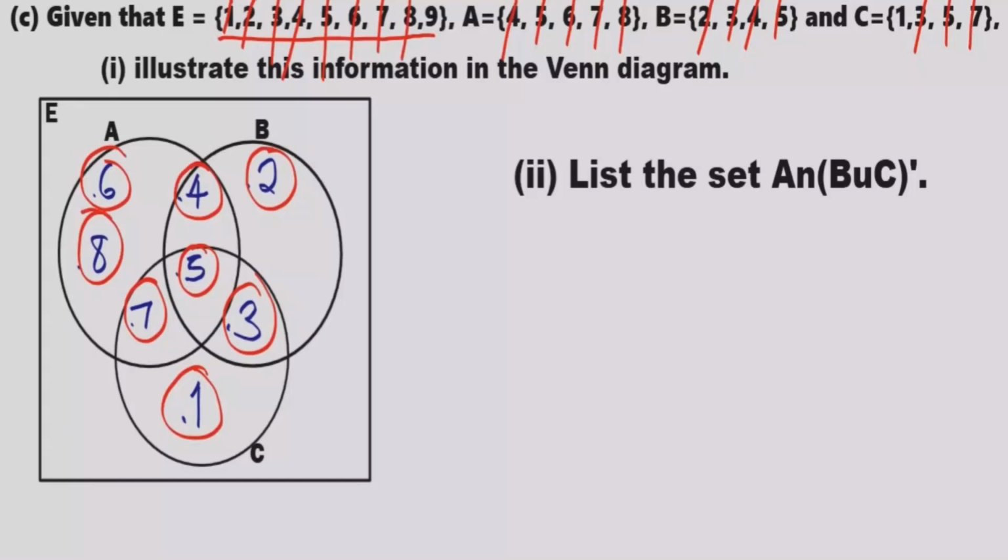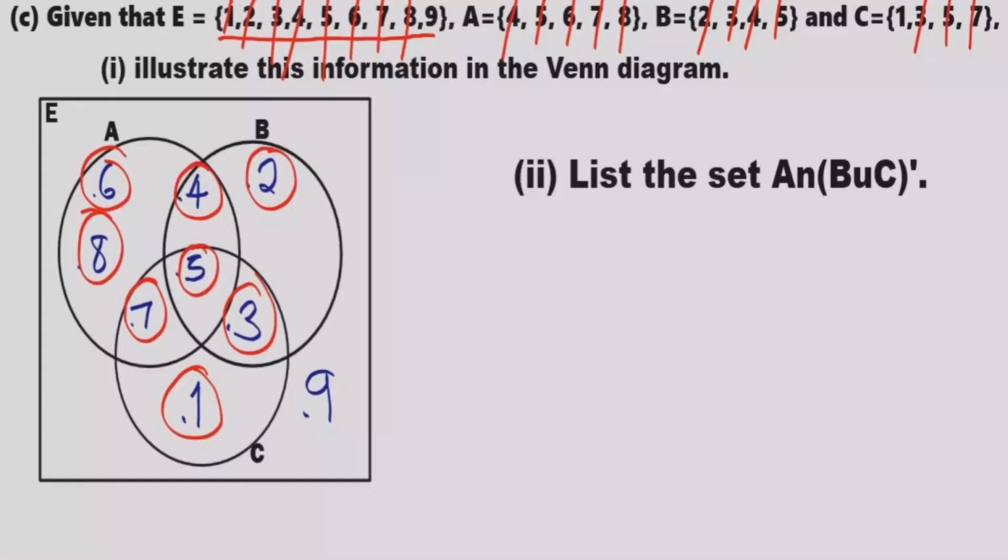Okay, that means the only element that we haven't used is 9. So 9 is going to be here outside the sets. Okay, so you can put it anywhere you want. It can be here, it can be anywhere, but outside the set, but inside the rectangle. Okay, outside the set, but inside the rectangle or the square that we have drawn.